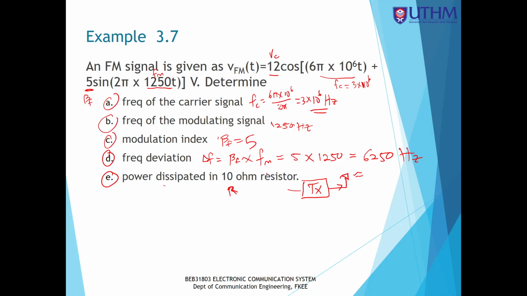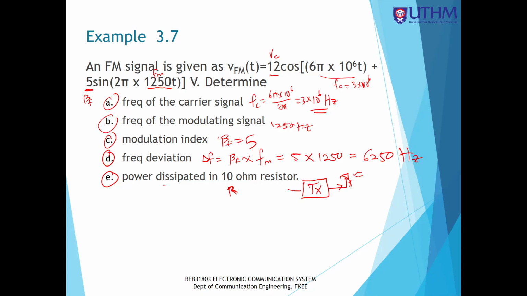Normally it is referring to the resistance of the antenna. Normally in the exam we mention that the antenna resistance is 10 ohm, something like that, or 50 ohm, it depends.